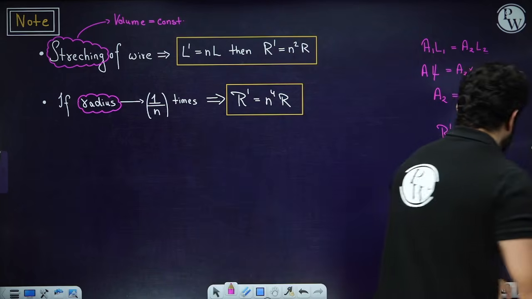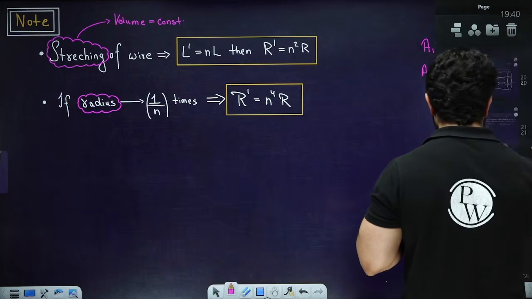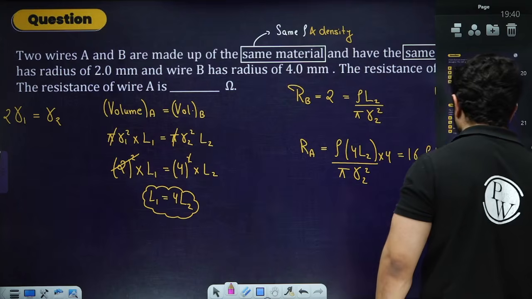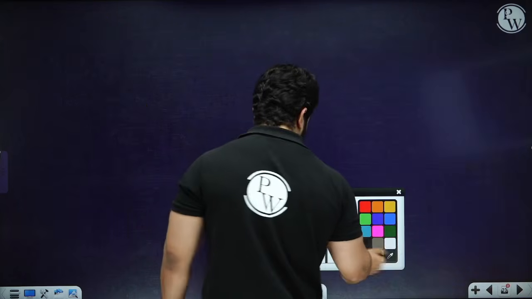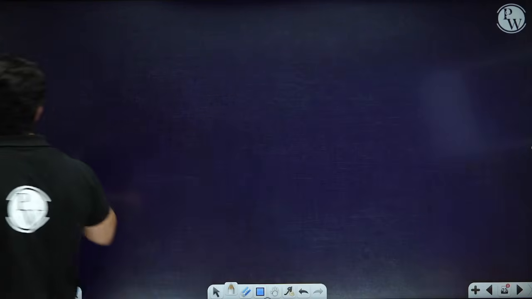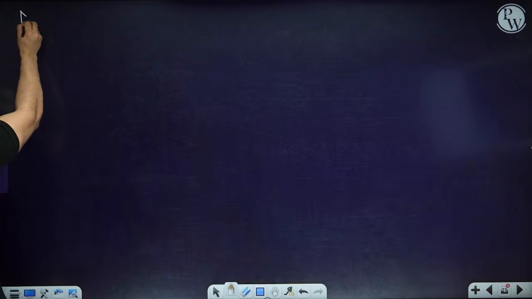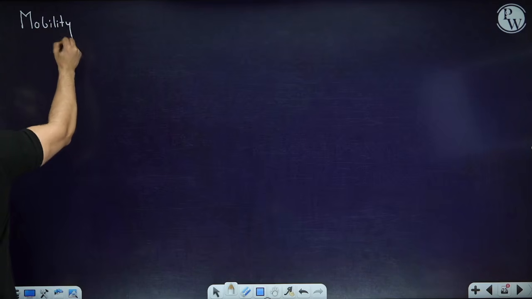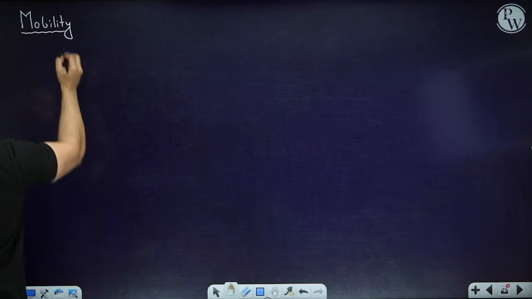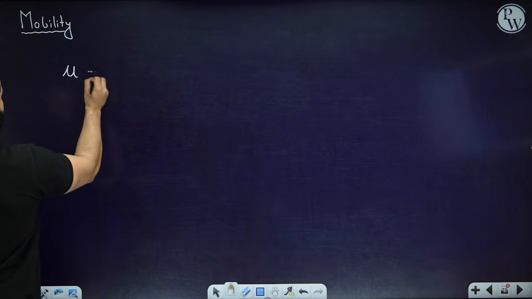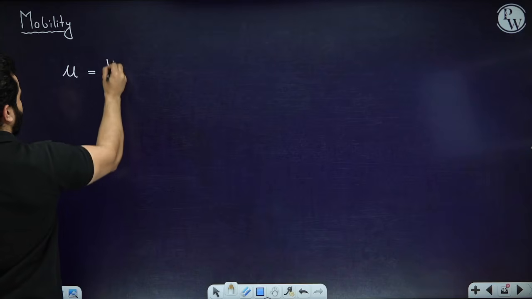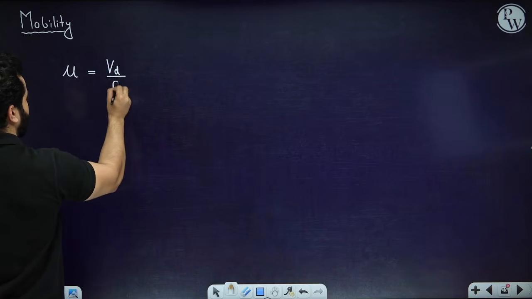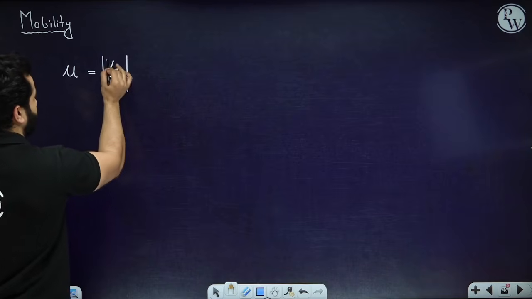All right. After this, my dear friends, we have got one more topic which is related with drift velocity and electric field, that is called mobility, a very small topic. Mobility is defined as the drift velocity per unit electric field, and we are going to talk about its magnitudes.